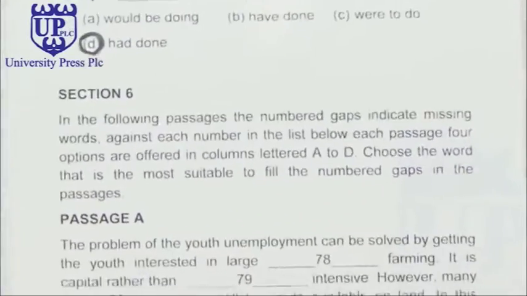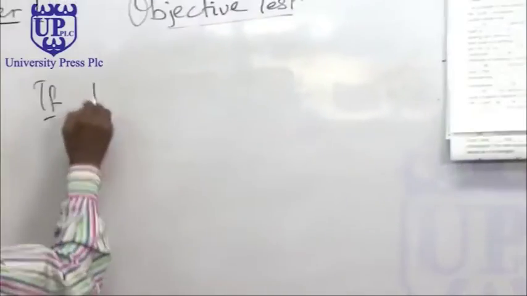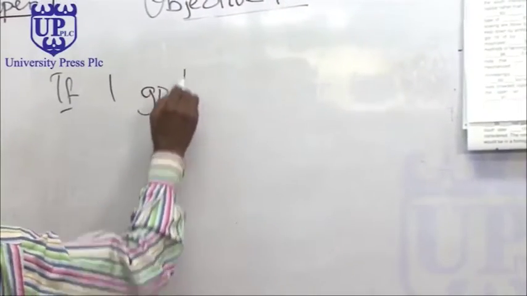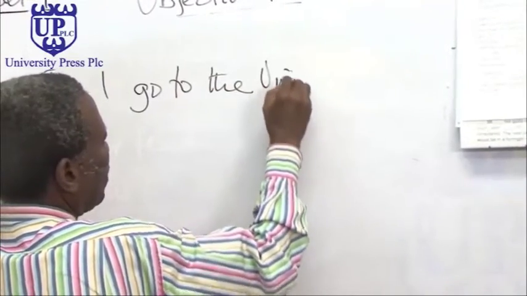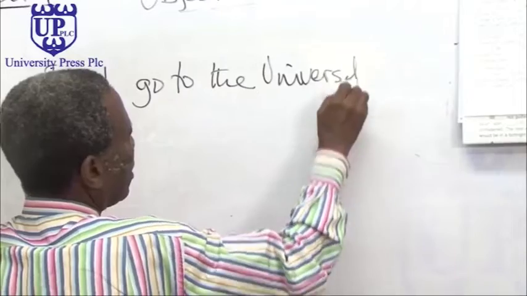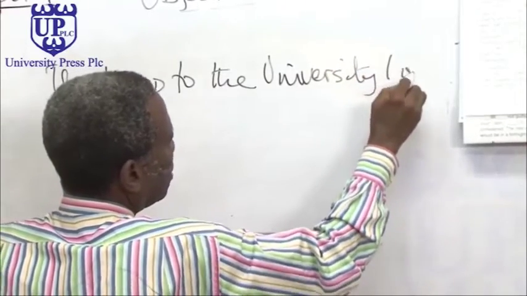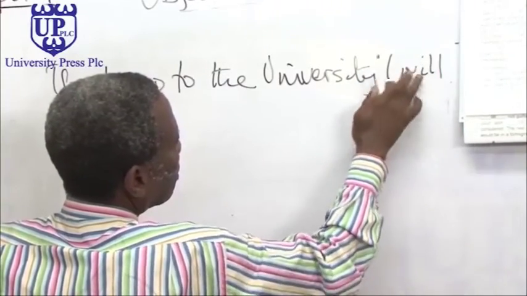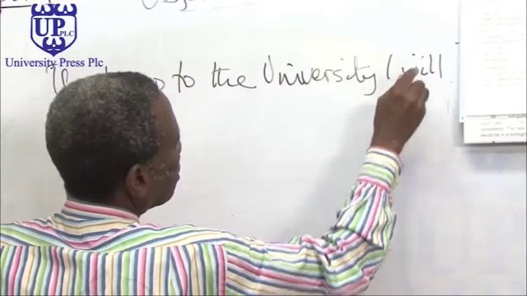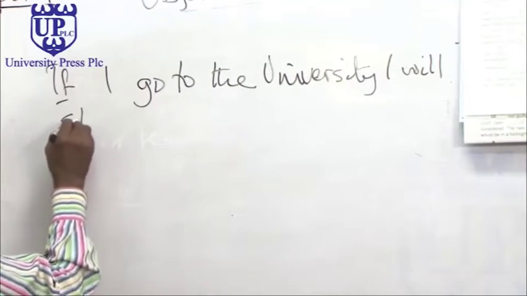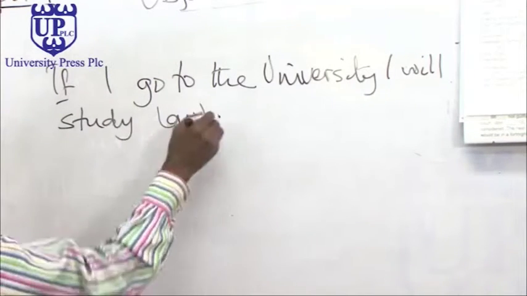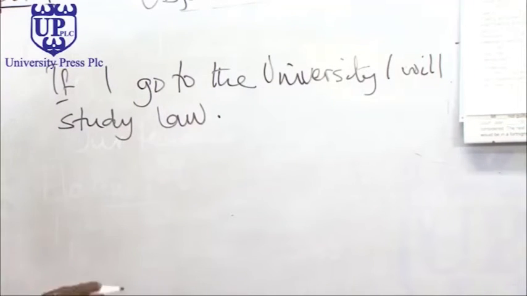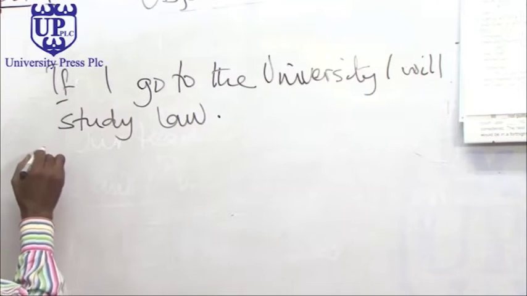The first one is, for example, if I go to the University of Lagos, or any university for that matter, I will study law. That is still possible. That is the likely condition.